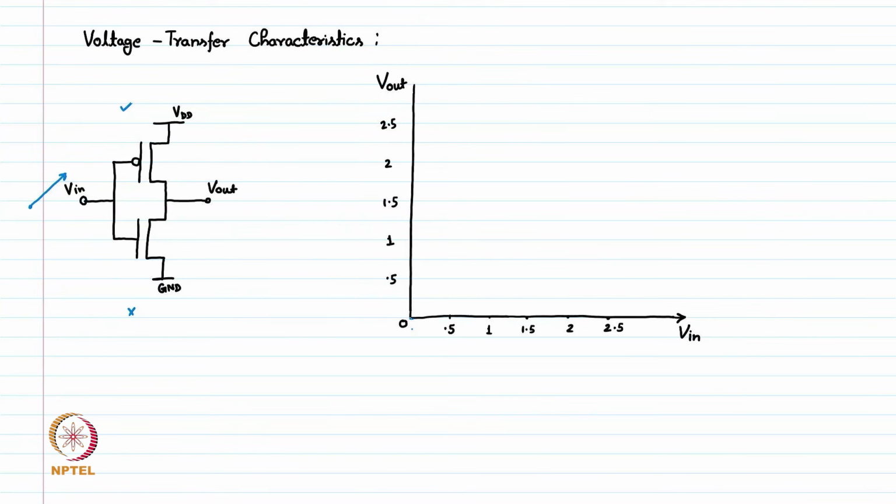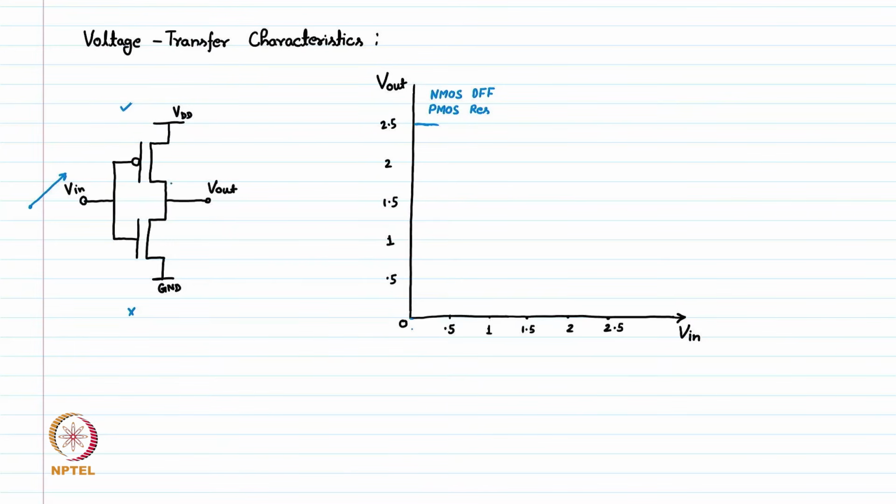So, we can say at V input 0, we are somewhere here. The output is high because V out is connected to VDD through the PMOS. At this point, our NMOS is off and our PMOS is in resistive region.